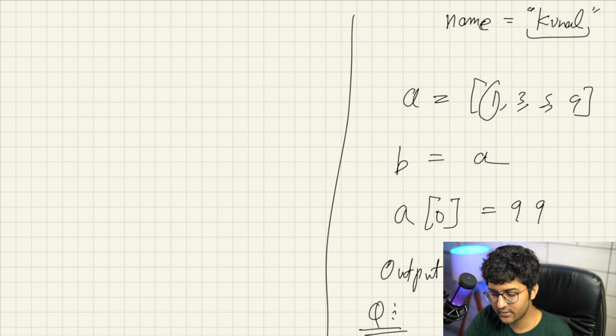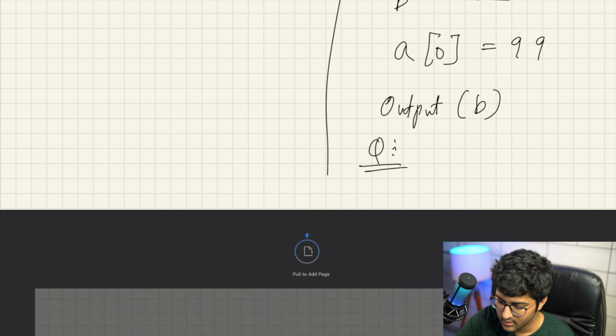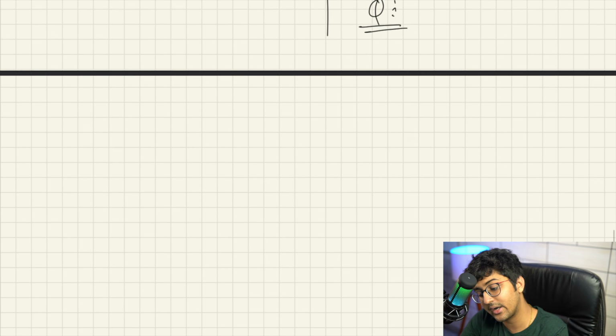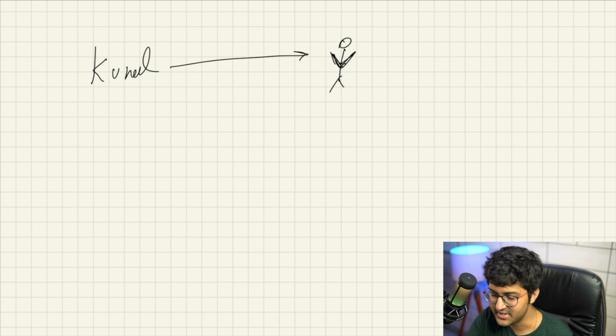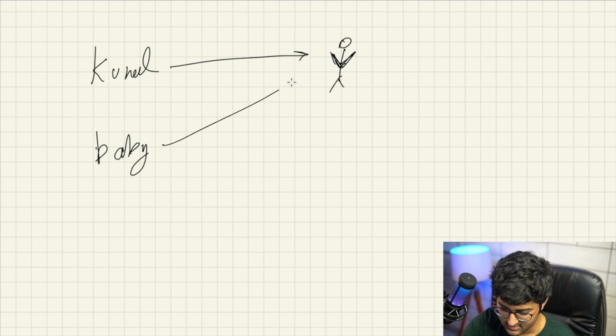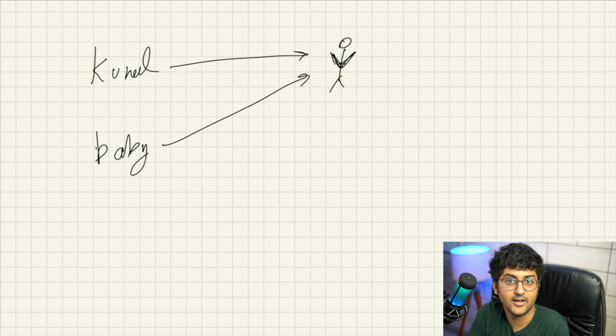One more important thing I want to share with you is what happens when there is no reference variable to the object. Say my name is Kunal. This is my body, my object. Now someone calls me baby, same object.